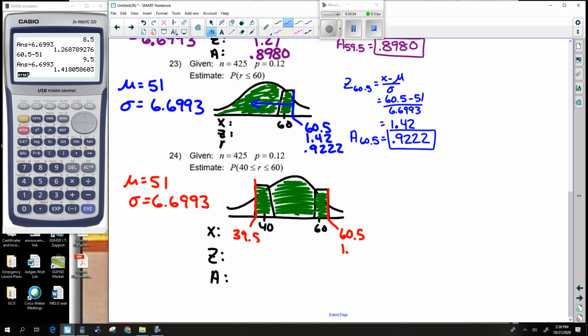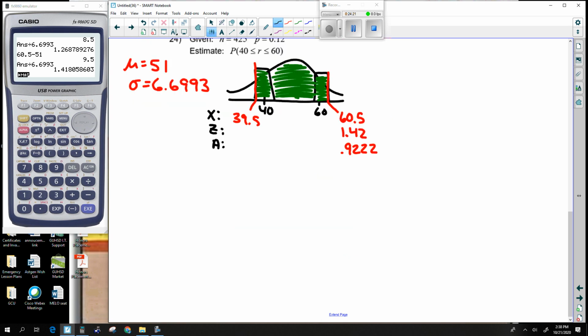So this will have a z-score of 1.42 and an area of 0.9222. Okay, so that kind of saves us some time here. And all I need to do is find the z and the area of the 39.5, and then I can find the difference between the two things. So 39.5 is my main focus right now.